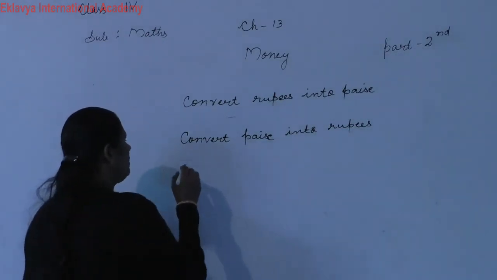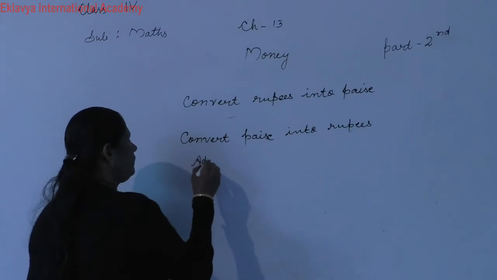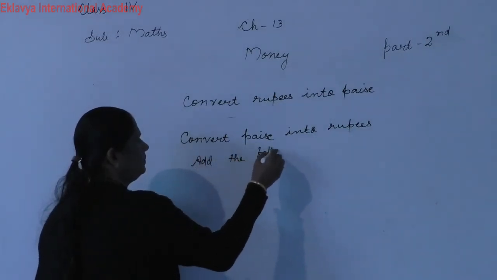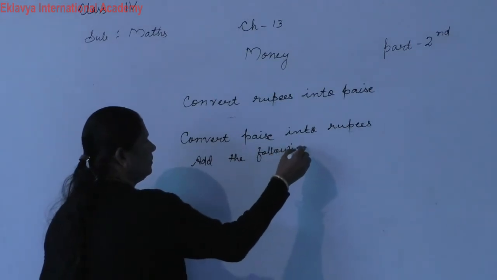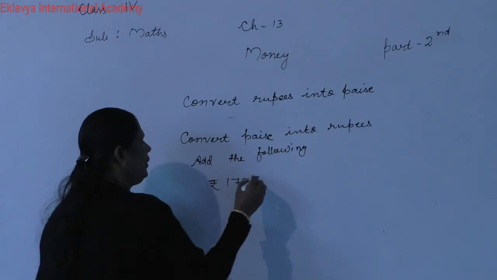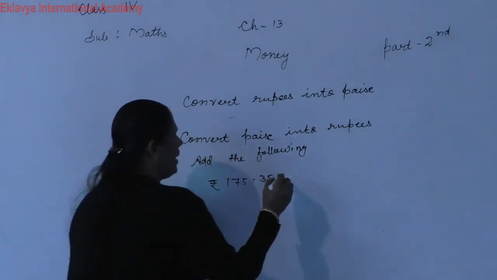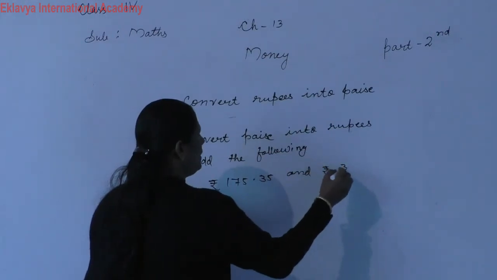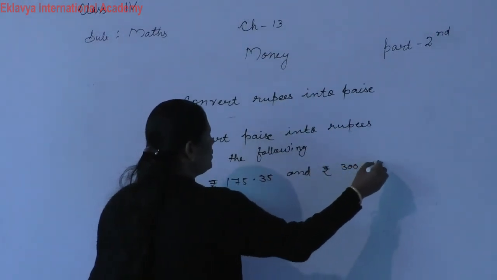For example, add the following: rupees 175.35 and rupees 300.40.